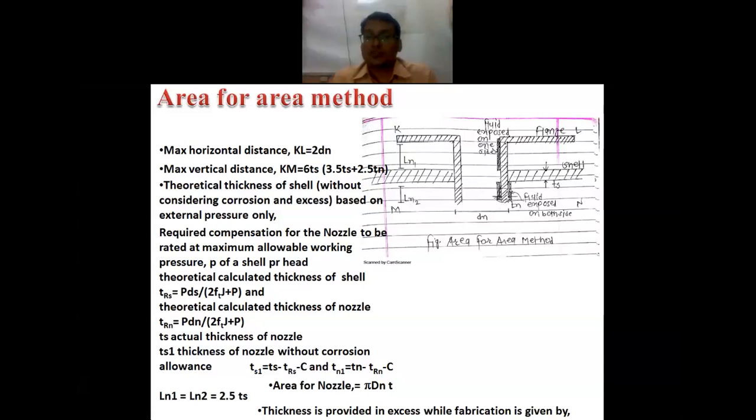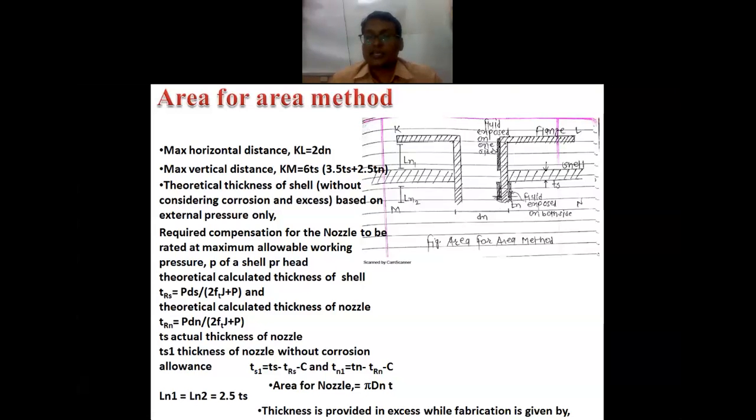Similarly, the thickness of a nozzle is also calculated. Then the actually used thickness is something different. You have done some calculations, right? You are adding a certain corrosion allowance, and you are doing a certain round off, so it is more thickness, and the round off also adds thickness.